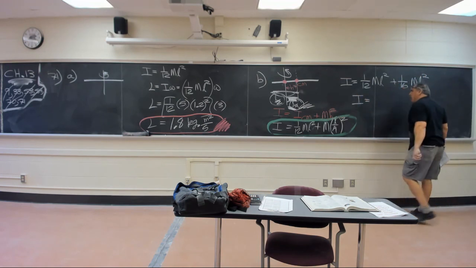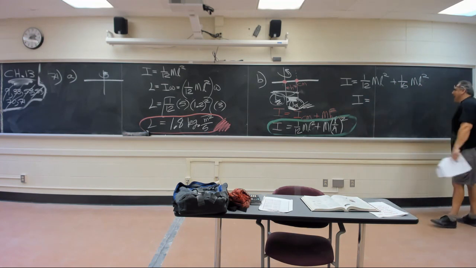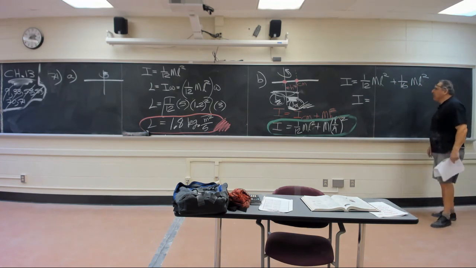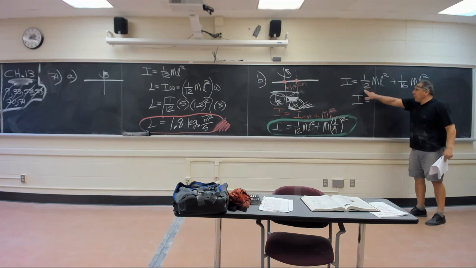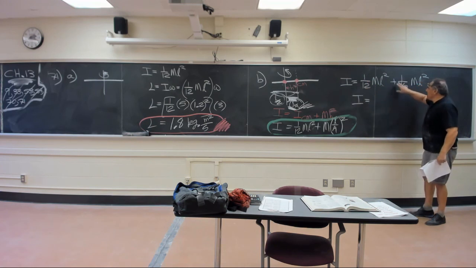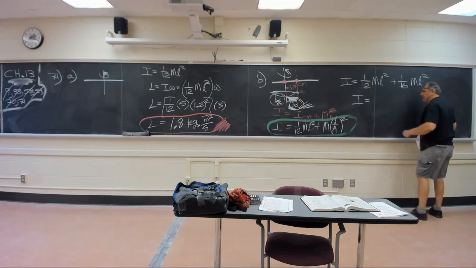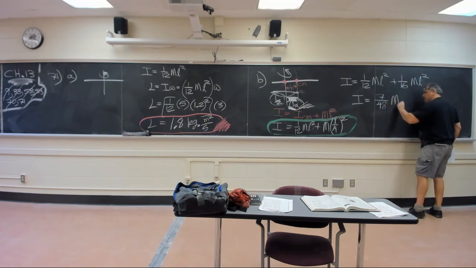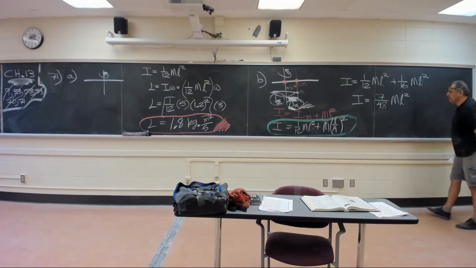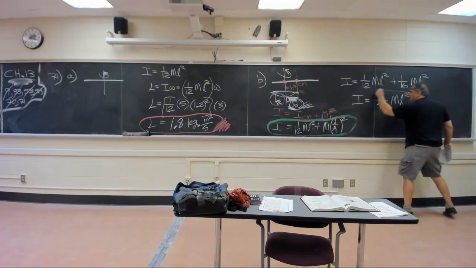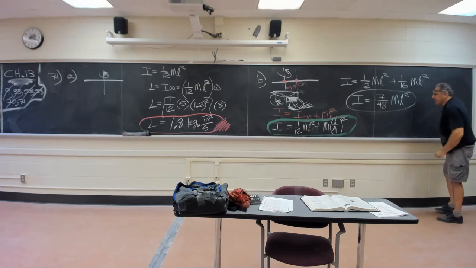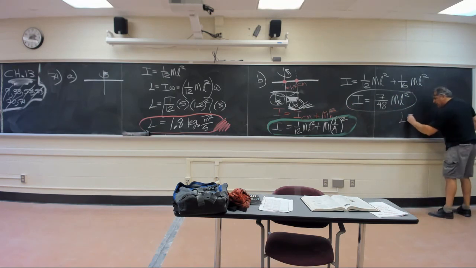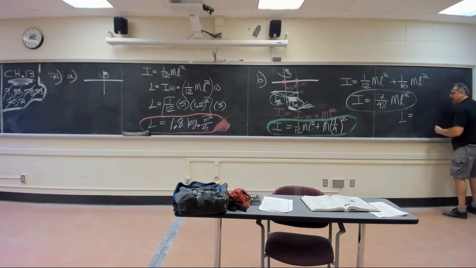If I add those, you need a common denominator. It can get kind of messy, but this could be 4/48. This could be 3/48. So L is going to be the I, which is 7/48.